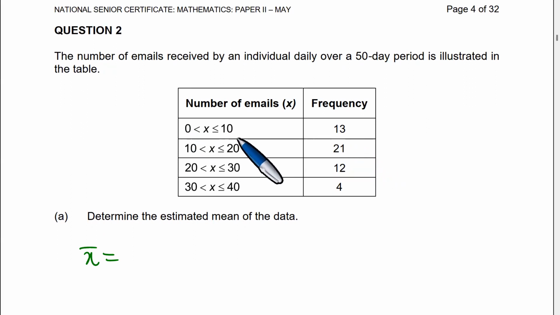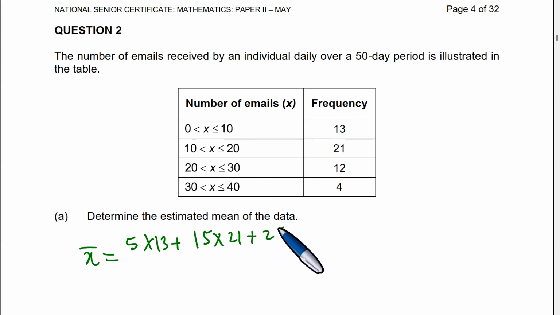So 0 plus 10 is actually 10. You divide by 2 is 5, and then you multiply by 13. 10 plus 20 is 30. You divide by 2, which is 15. You multiply by 21. 20 plus 30, which is 50, divide by 2 is 25, by 12. 30 plus 40, which is 70.